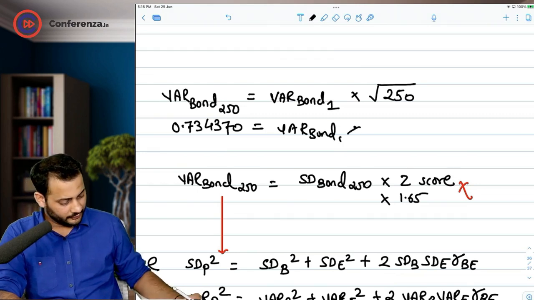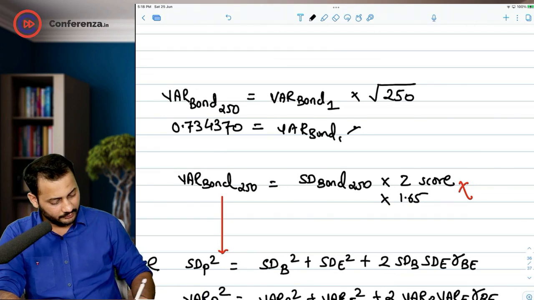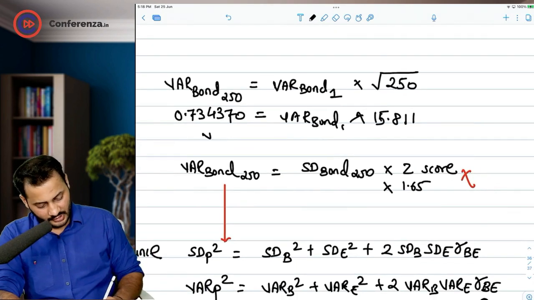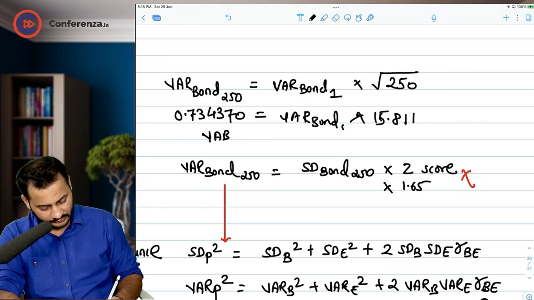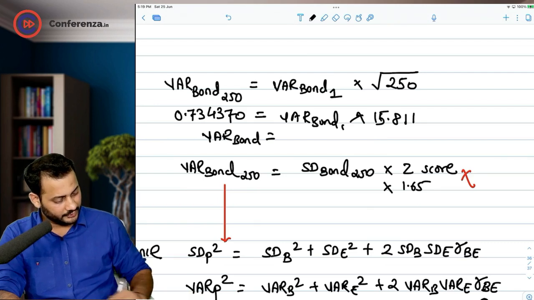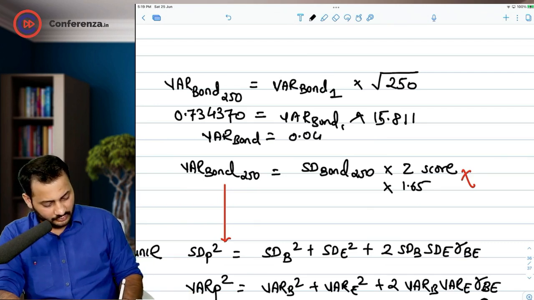And if we calculate, it will be square root of 250. It will be 15.811. And now if we solve it, it will give us the answer: 0.73437 divided by 15.811 goes to 0.046447.